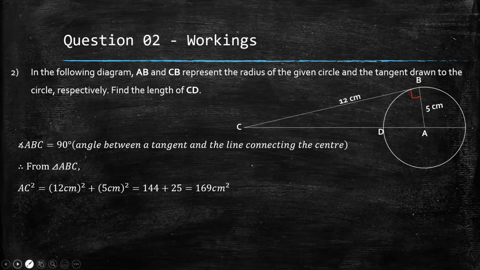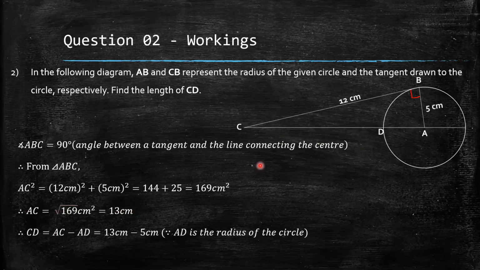To get the value of AC, you need to take the square root of 169. When you take the square root, you can obtain plus or minus 13. But since it is a length measurement, you need to take the plus sign. So it will be plus 13 centimeters. AC means from here to here, it will be 13 centimeters.